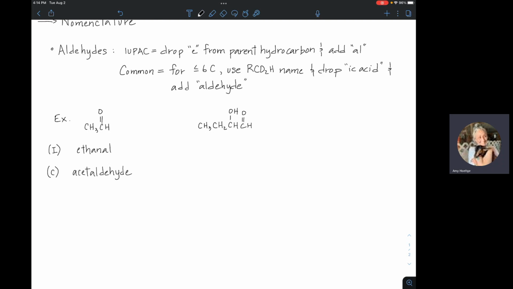So again, just like every other carbonyl compound, that's going to be carbon number 1, right? So the carbonyl carbon, which means that on carbon number 2, we have a hydroxyl group, but we're going to call it hydroxy for naming. So we have 2-hydroxy, and then we have 1, 2, 3, 4 carbons. That would have been butane, but we're going to drop the E and put Al. So it'll be butanal.